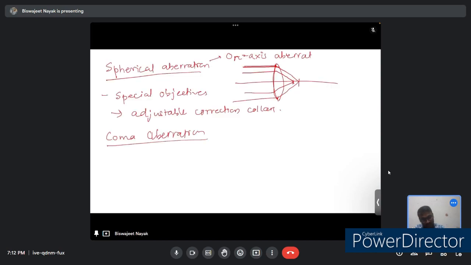Now whatever aberrations I will talk about will be off axis aberrations, and those are coma and astigmatism. So first one, coma. What it does is cause a point object to look like a comet.